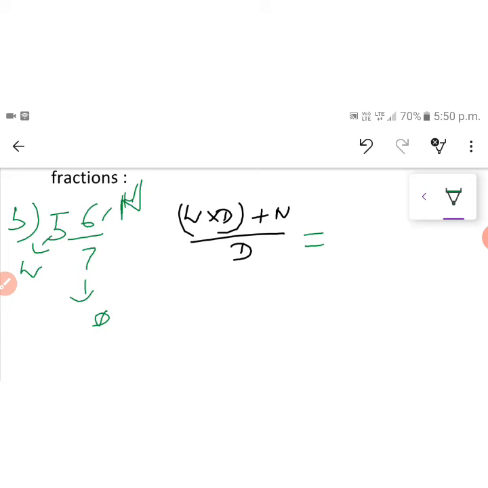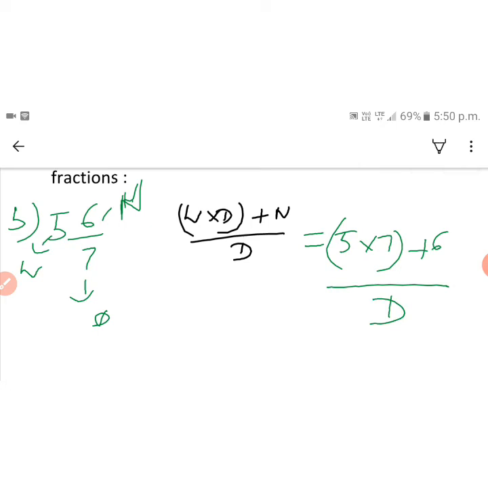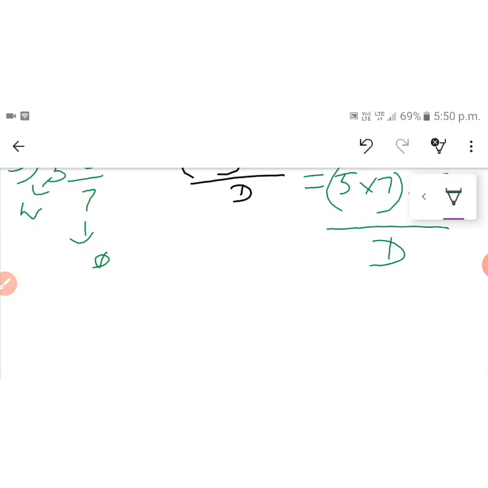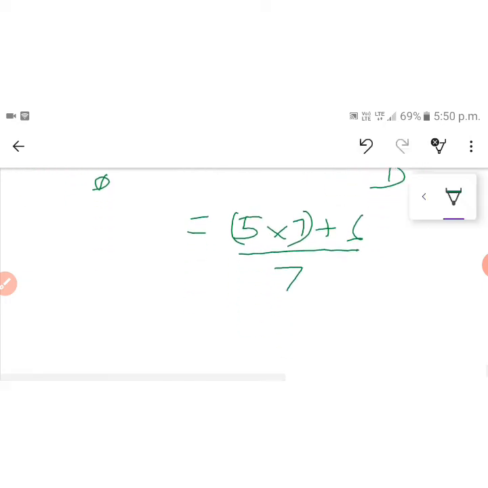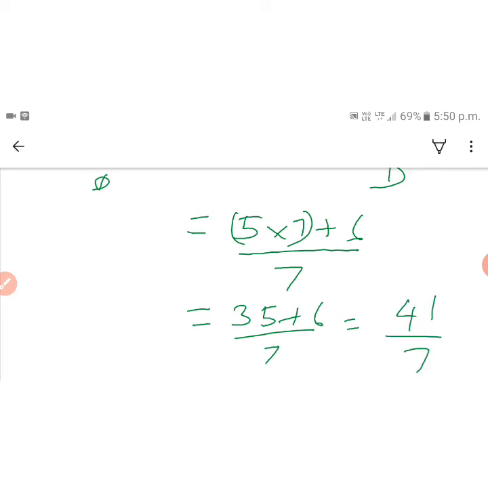Whole into denominator, so 5 into 7 plus the numerator. The numerator is 6, by the denominator, which is 7. 5 into 7 is 35. 35 plus 6 by 7. 35 plus 6 is equal to 41 by 7. So the answer is 41 by 7.